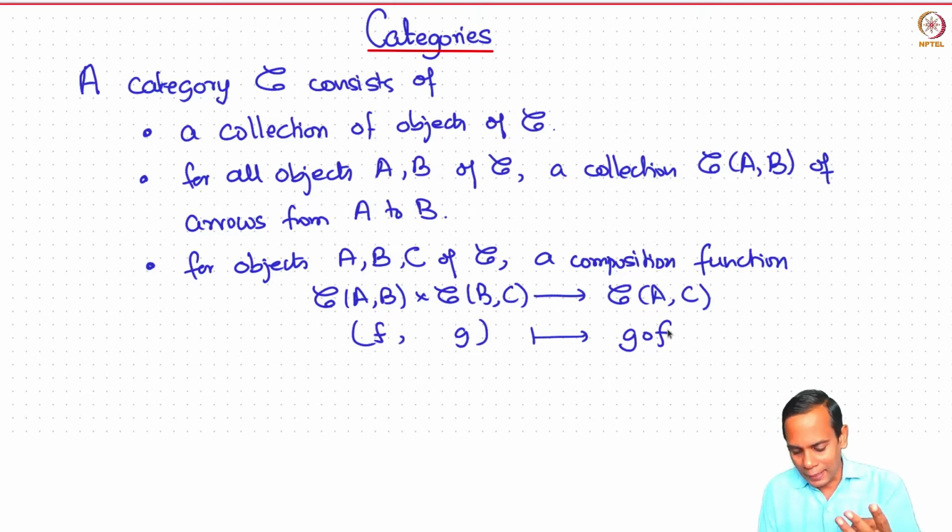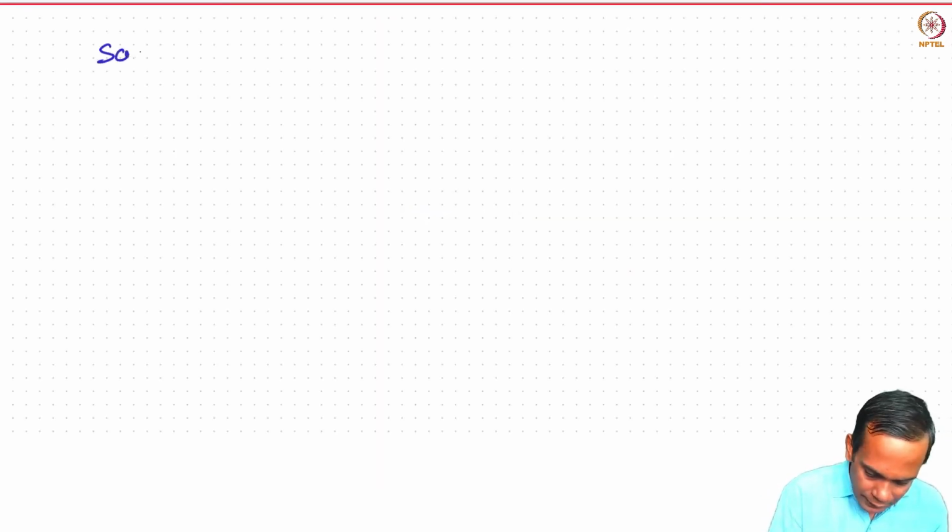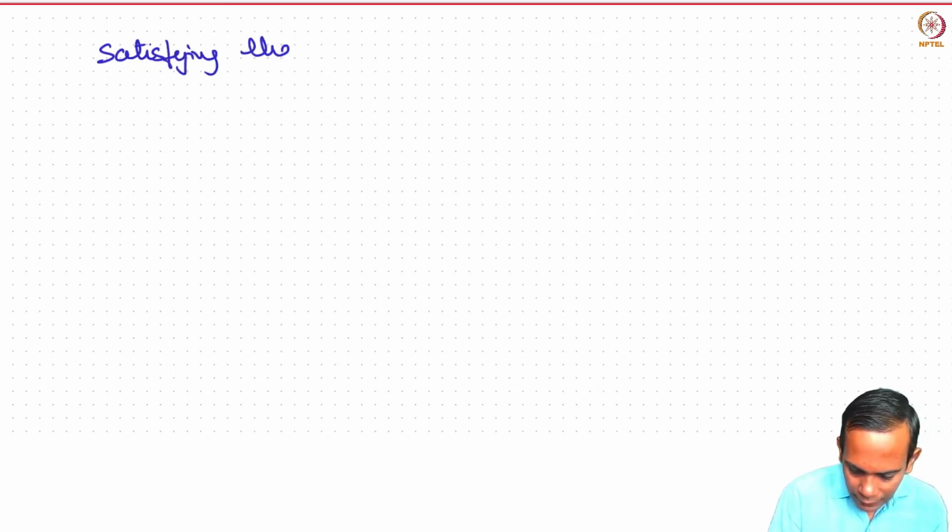And then there are certain axioms satisfying the axioms. So the first axiom is associativity.